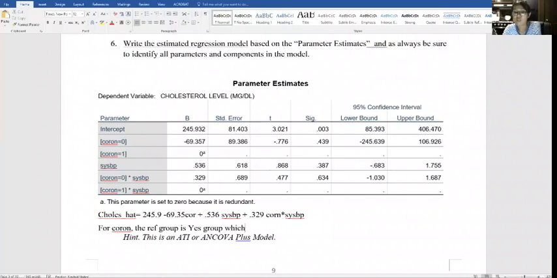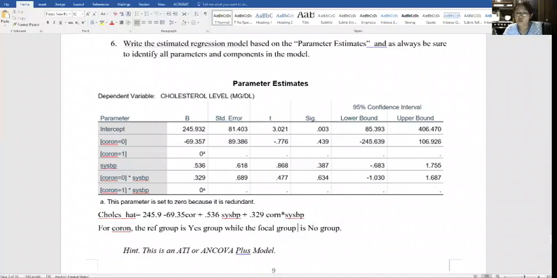Yes group, reference group is a yes group. Sounds weird, but anyway. While the focal group is the no group. Okay.